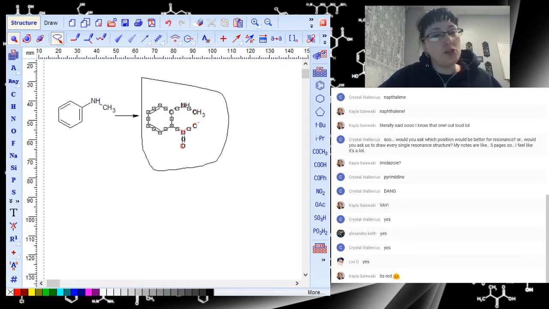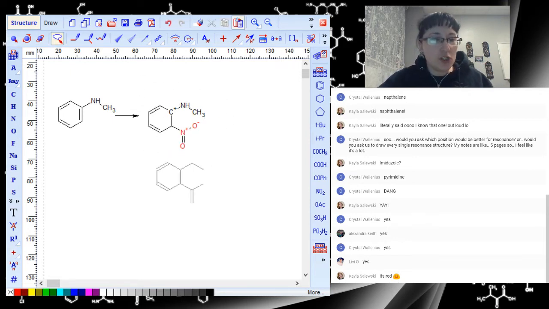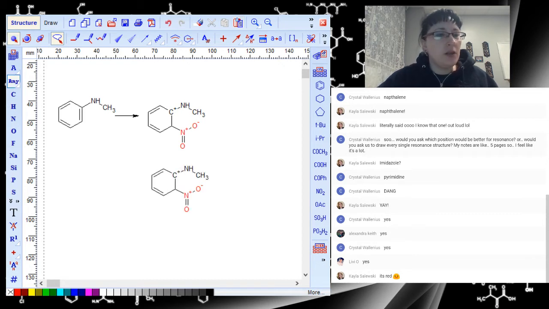Remember that resonance structures should have conservation of charge, right? So if one of them is overwhelmingly charged and the other one's not, then you didn't do it right. So if you have that molecule, you'll notice that the nitrogen stopped having a charge on it, but that's because the computer program automatically took off the hydrogen when I added something onto it.